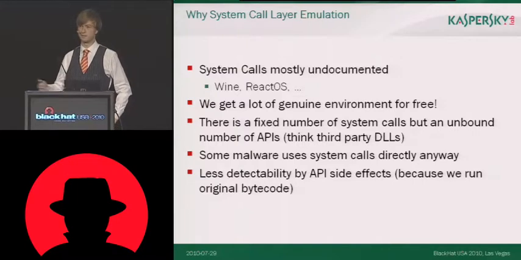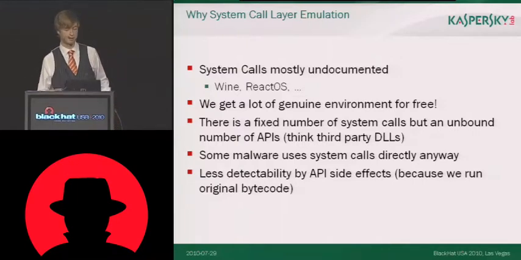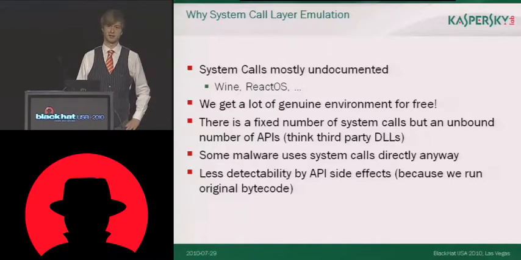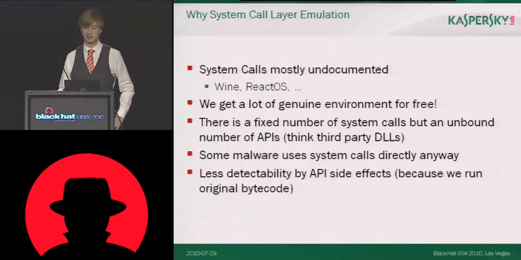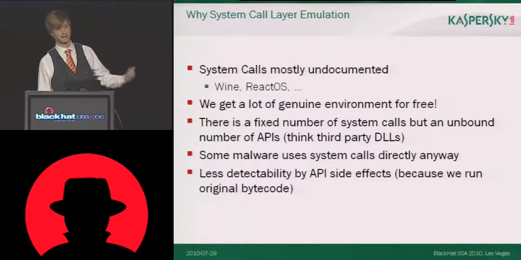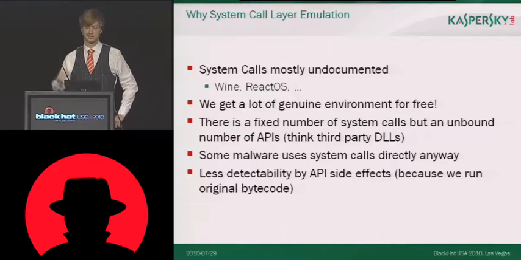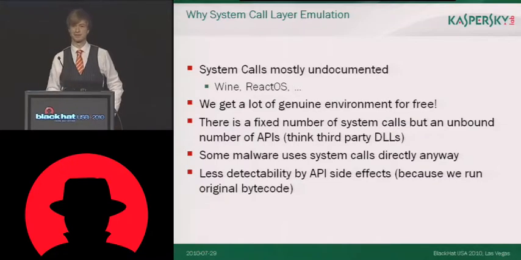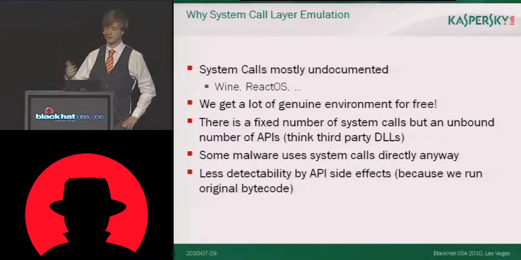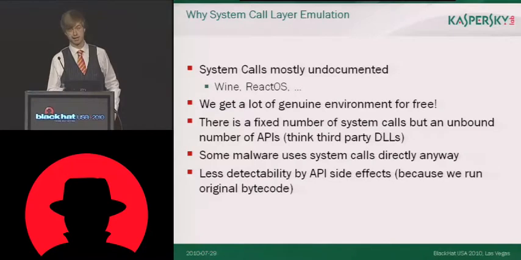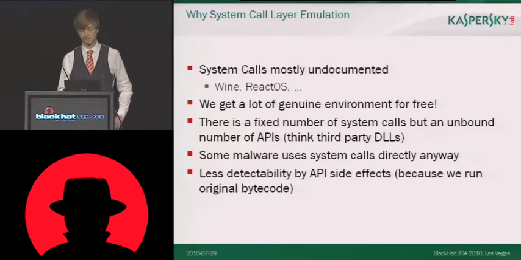And then again, with all these APIs, there's really an unbounded number of APIs. There could be just some fancy DLL, and then you again have to add these API calls and so on. Whereas with system call numbers, it's quite a high limit, 1,000 system calls, but it's a fixed limit. And if you implemented all of these, then you're definitely done. Instead, with API level emulation, it's this arms race you always see with malware.